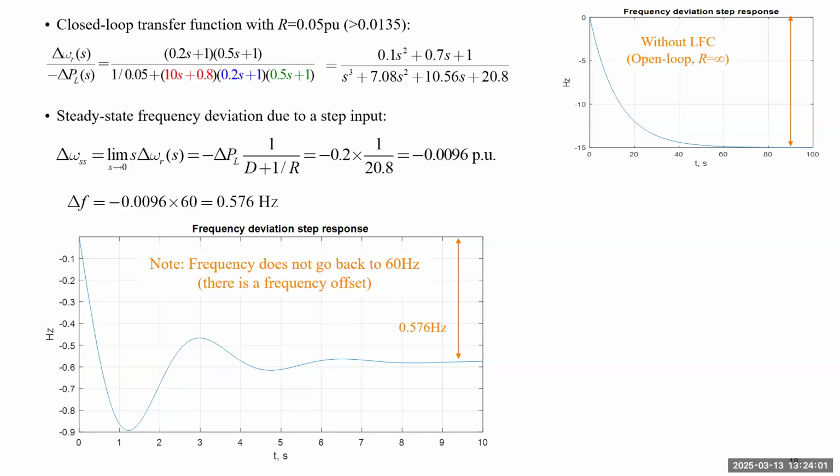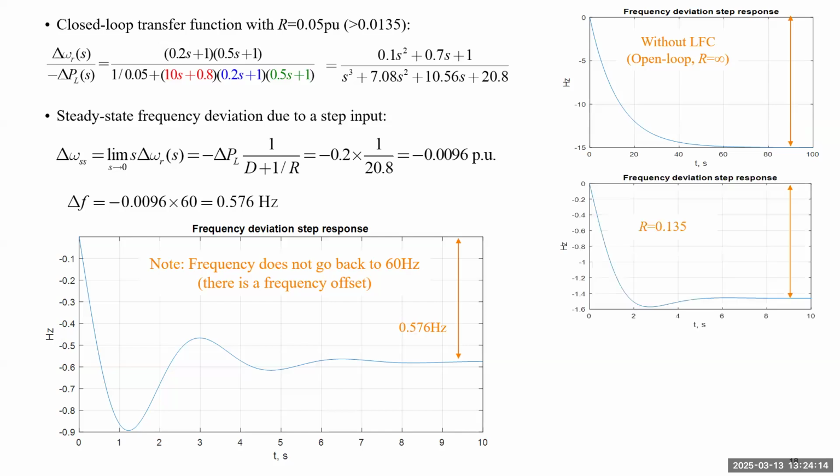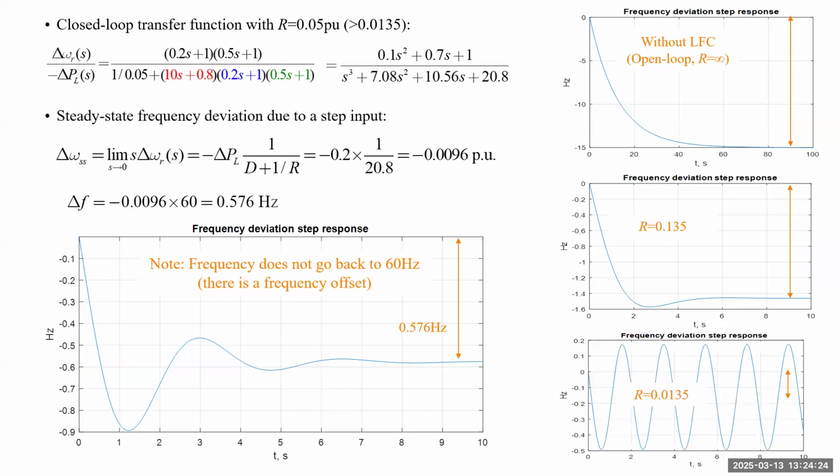This corresponds to the case with R equals infinity, or K equals 0. Basically, you just open the feedback link in that block diagram. If we make R 10 times bigger than the limit, the frequency deviation will be around 1.4 hertz, which is also very bad.